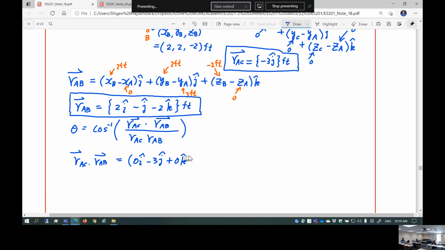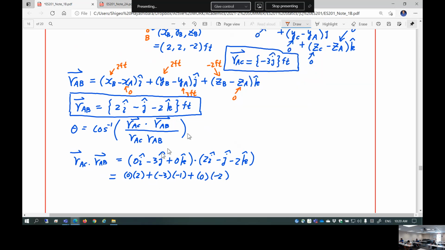This is a more complete description of RAC. RAB is 2i minus j minus 2k. Taking the dot product, you do 0 times 2, plus minus 3 times minus 1, plus 0 times minus 2.